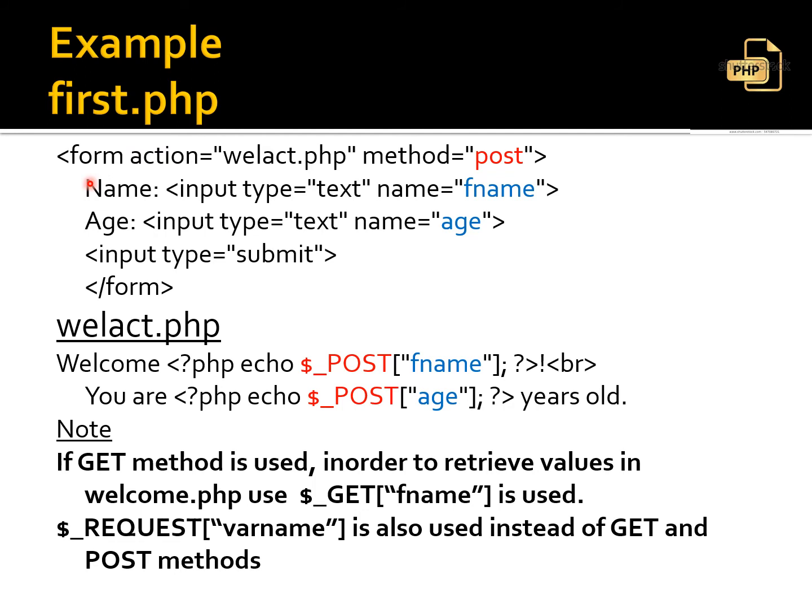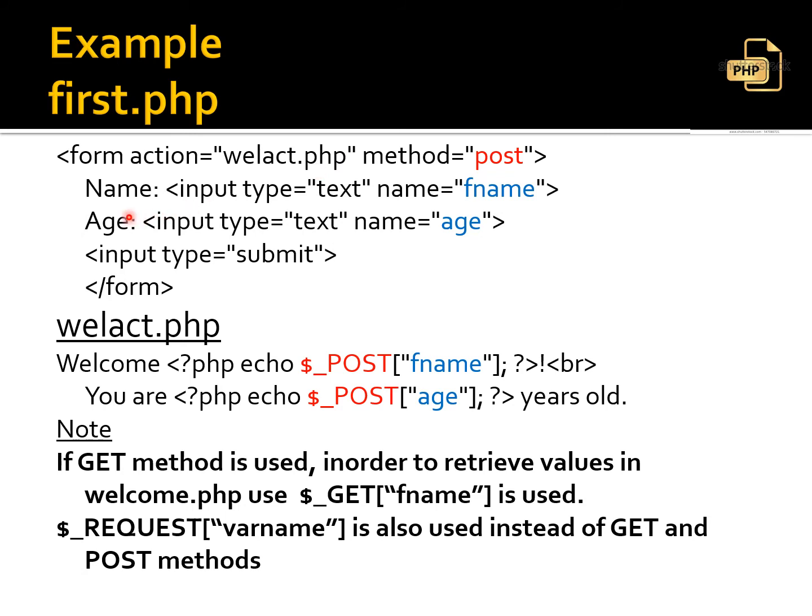Inside the body of the web page, form action is equal to wellag.php, method is equal to post. So we are creating a form in the web page. The method used for that form is post, and the action on that page is wellag.php.